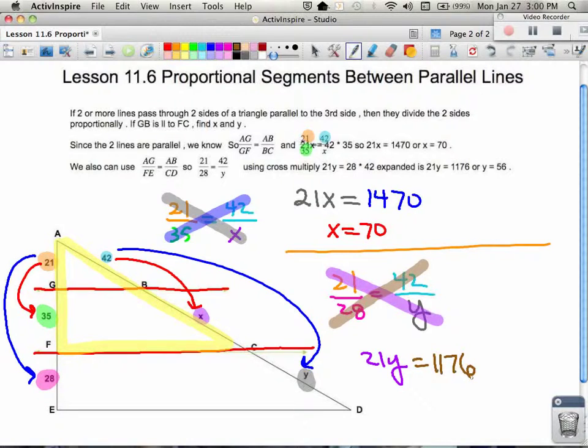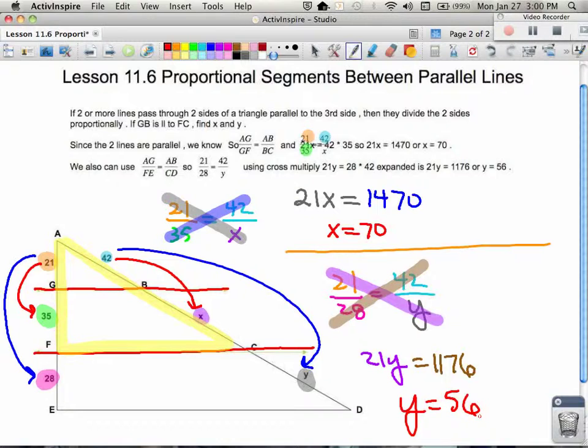When I divide both sides by 21, I find out that my y in the end turns out to be 56. So this idea of parallel lines works whether it's one parallel line or multiple parallel lines.